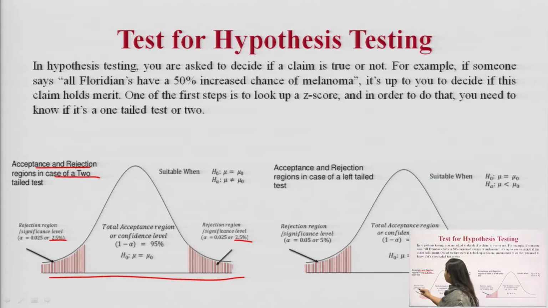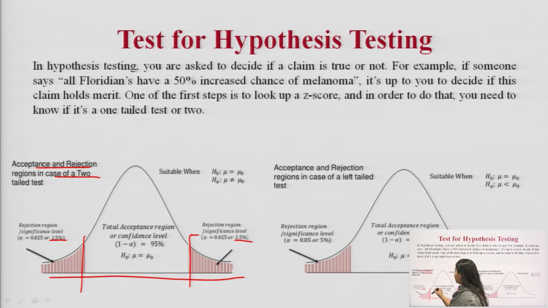The rejection region or significance level is 2.5% at each tail, meaning when the value is very low, less than 2.5%, it falls in the rejection region, at the two extreme points, either the starting or the ending point.